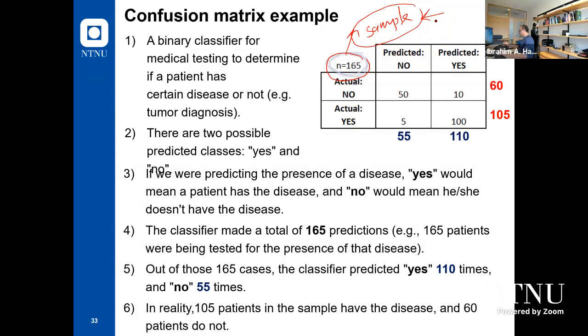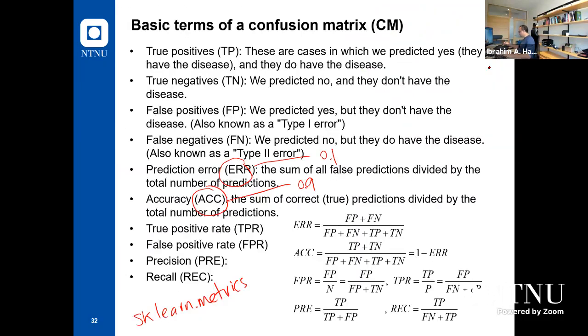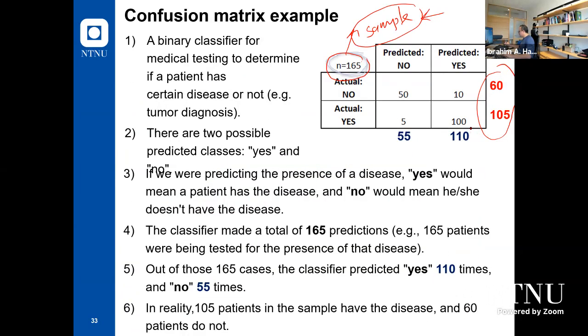In this experiment, we have 165 patients, and we are testing them. 60 of them are negative and 105 are positive. Those are the actual classes. This one is the predicted class.